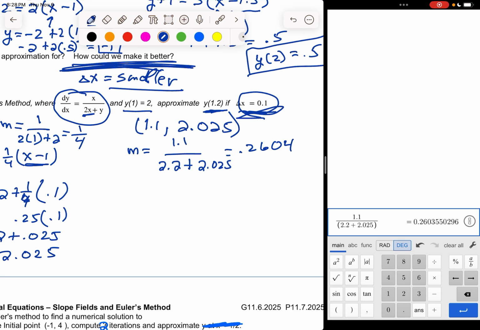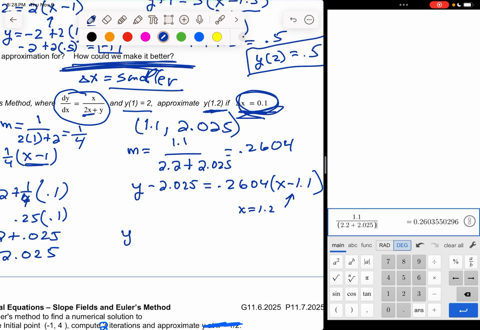All right, so let's write that tangent line. It's y minus 2.025 is equal to 0.2604 times x minus 1.1. Now we're going to plug in 1.2 because that's our jump over, or in other words, this just becomes 0.1.